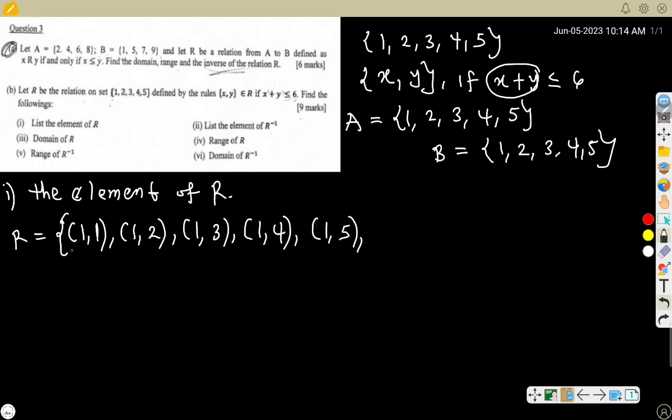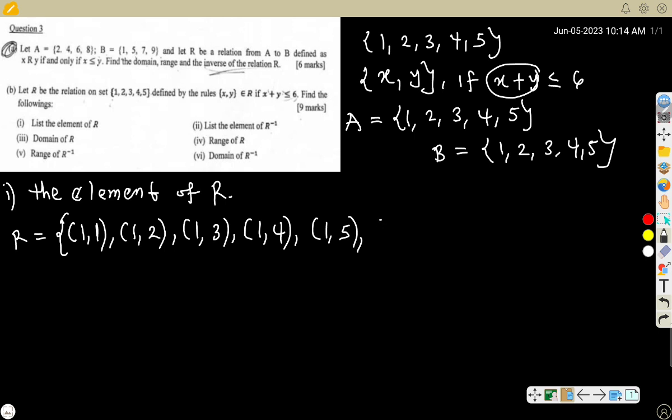If you add all these numbers together, you will see they will give you sum of 6 or less than 6. So 1 plus 1 is 2, 1 plus 2 is 3, 1 plus 3 is 4, 1 plus 4 is 5, 1 plus 5 is 6. So it's allowed because our condition is that x plus y must be less than or equals to 6. Now move to 2.